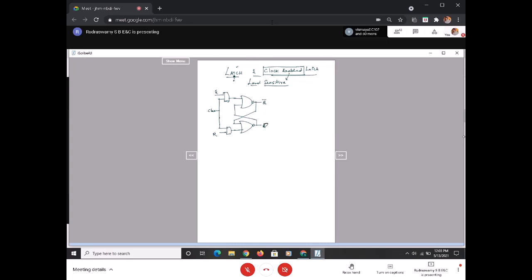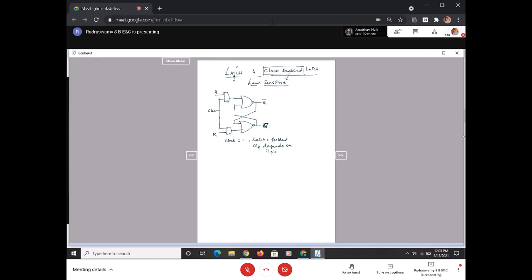Yes. Is that true, what we had in yesterday's class? Yes, this is what we had. This is the clock enabled latch. So when clock is equal to 1, the latch is enabled. That means the output now depends on the inputs.